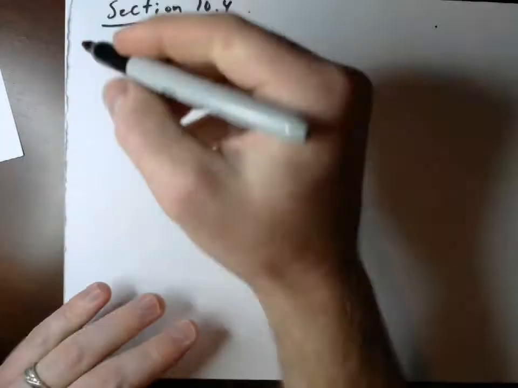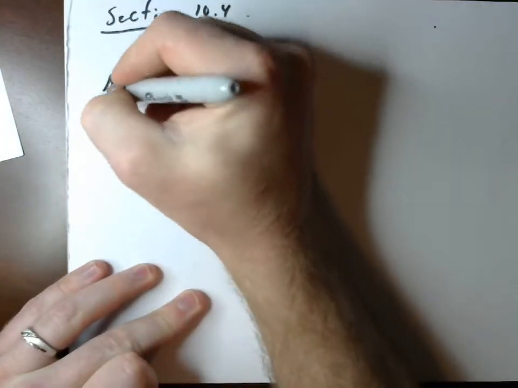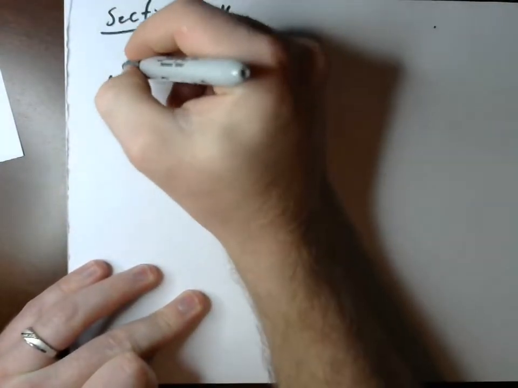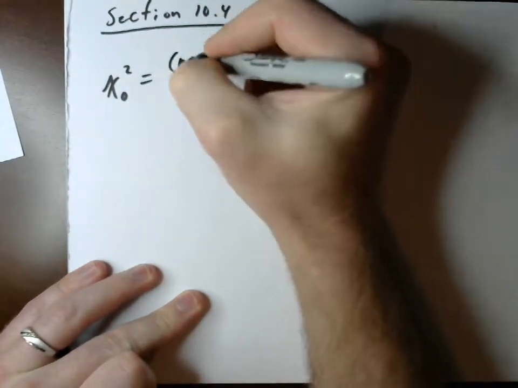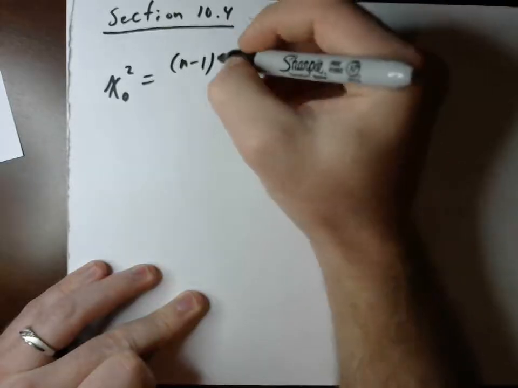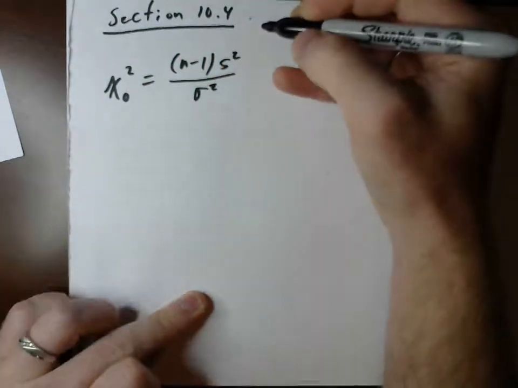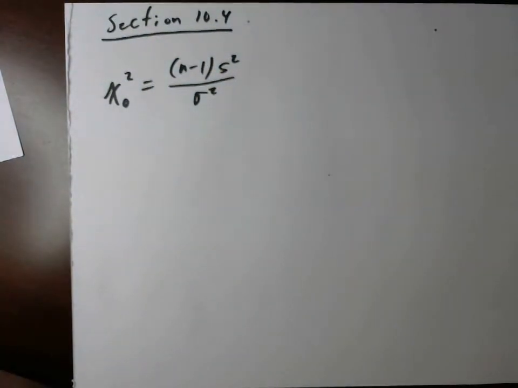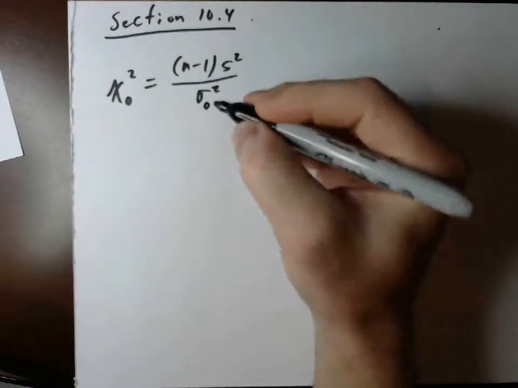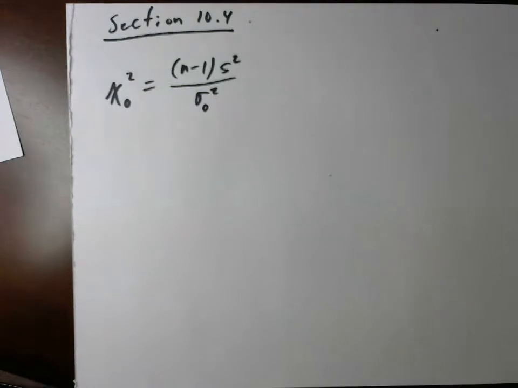And we can still do the classical approach and the p-value approach. So our test statistic is chi naught squared, defined as the following. We use that equation, and that's based off the claimed value.